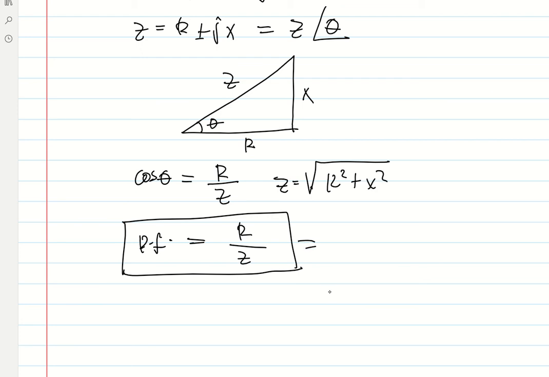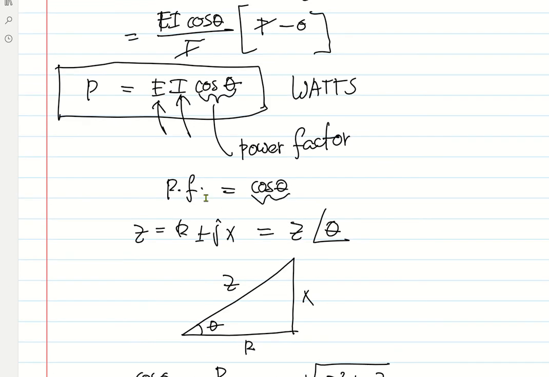So you can also write this as R all over the square root of R squared plus the reactance X squared. This X can be an inductive reactance or a capacitive reactance. But it doesn't matter if it's negative or positive, because we will always square it, and the answer will always be positive.